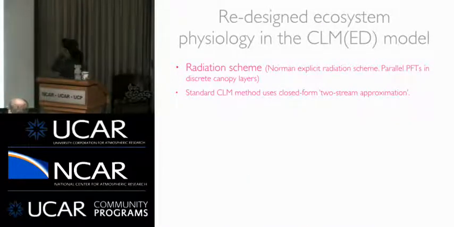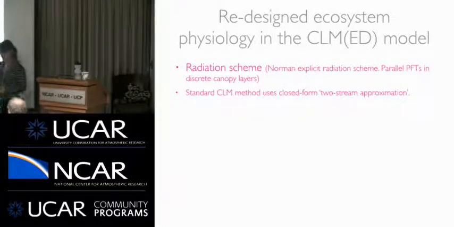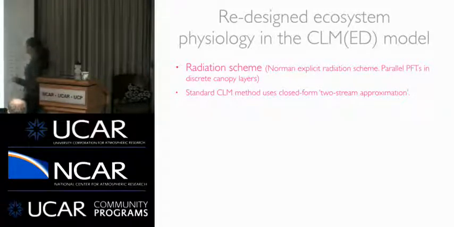Because the model works in a very different way, simulating individual plant cohorts, and we have a different way of intercepting light, for example, we've had to redesign lots of the ecosystem physiology in the CLM to accommodate it. It's not just a direct swap between the first model and the second model.